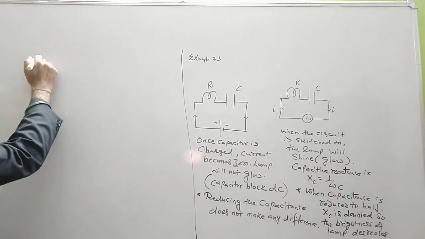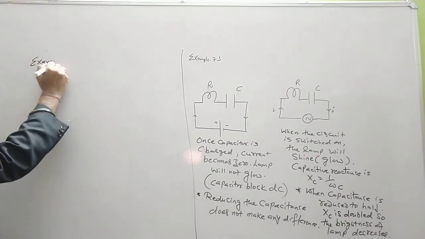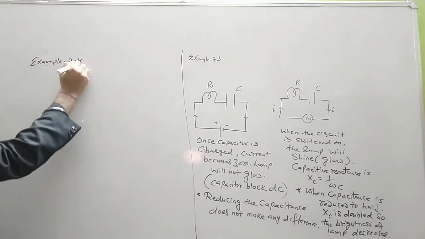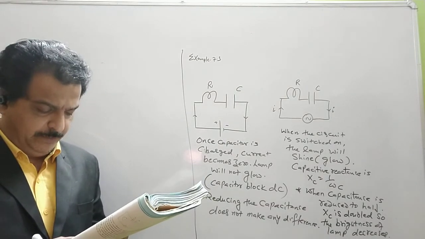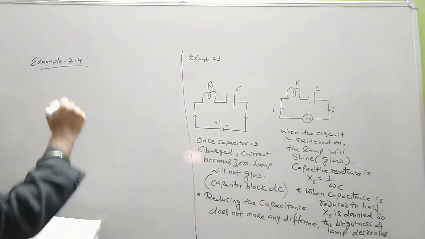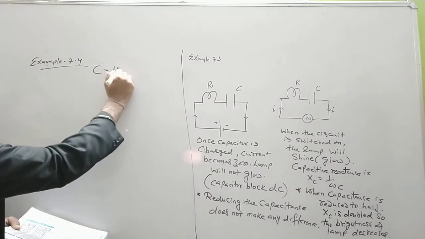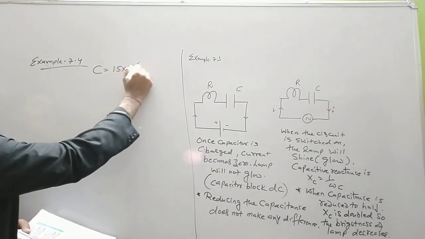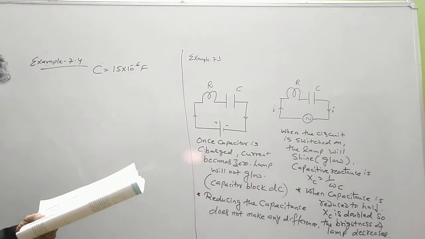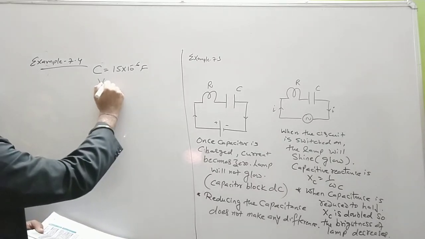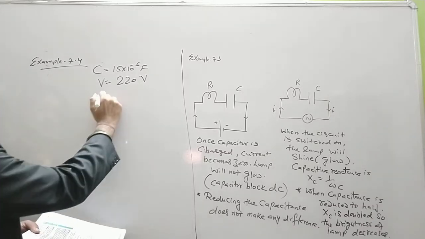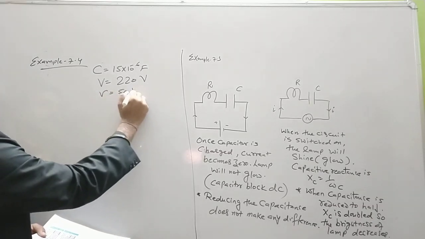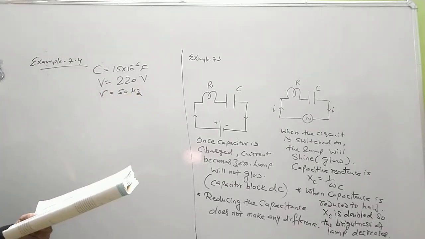Now example number 4, example 7.4. A 15 microfarad capacitor, so capacitance is 15 microfarad, is connected to a 220 volt supply, that is VRMS. The frequency is 50 Hertz.